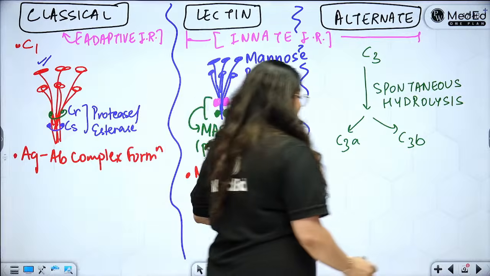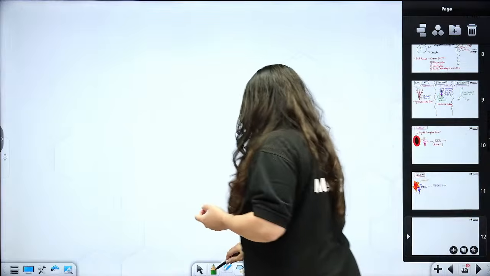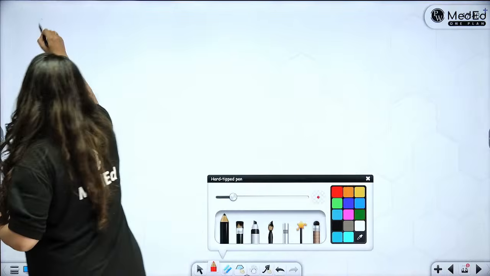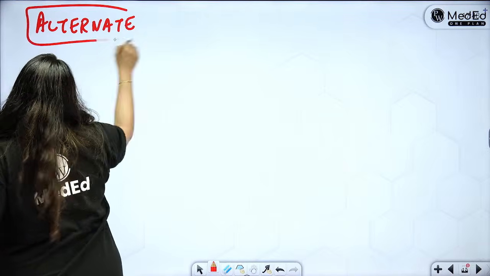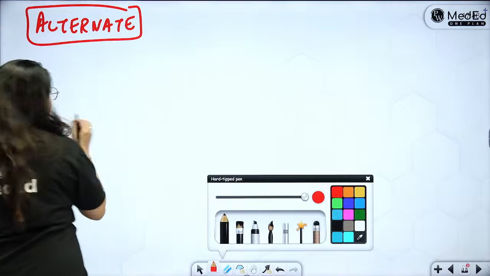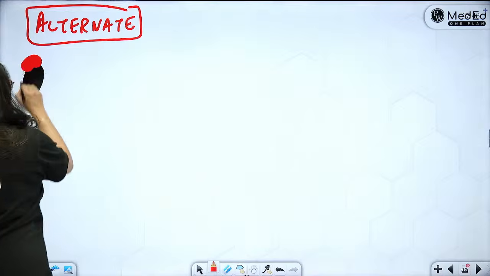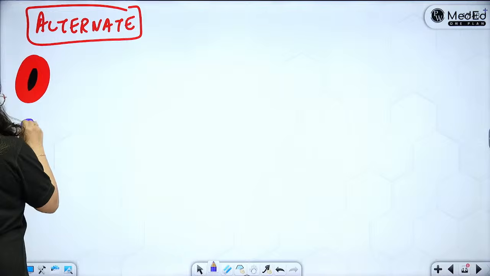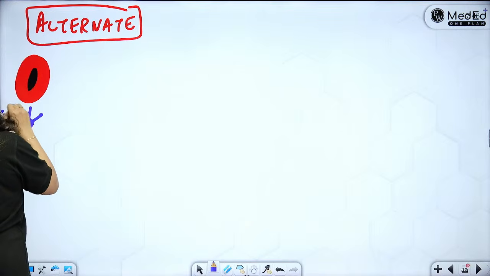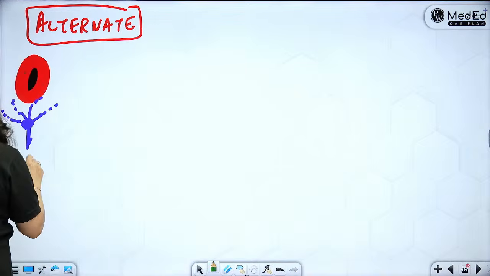Okay? So quickly, let's draw the alternate pathway. What is happening in the alternate pathway? There was either this bacteria with its lipopolysaccharide, or this fungus with its proteins, or this virus with its own surface proteins.